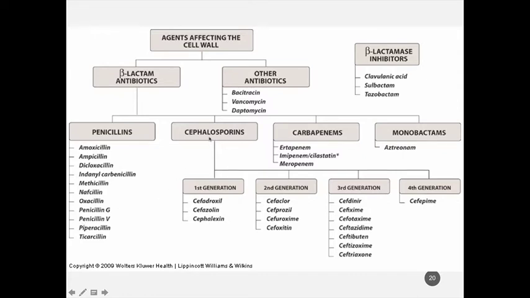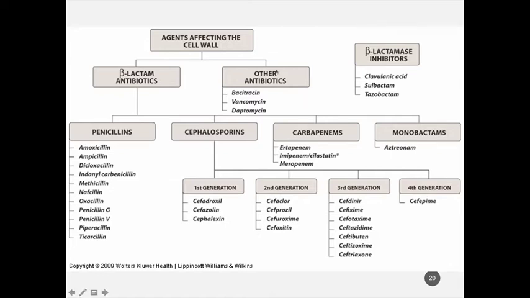The cephalosporins, which have been broken down into first, second, third, and fourth generation. We'll talk about those next. The carbapenems and the monobactams. So these are all structurally similar drugs, being that they all contain the beta-lactam ring.